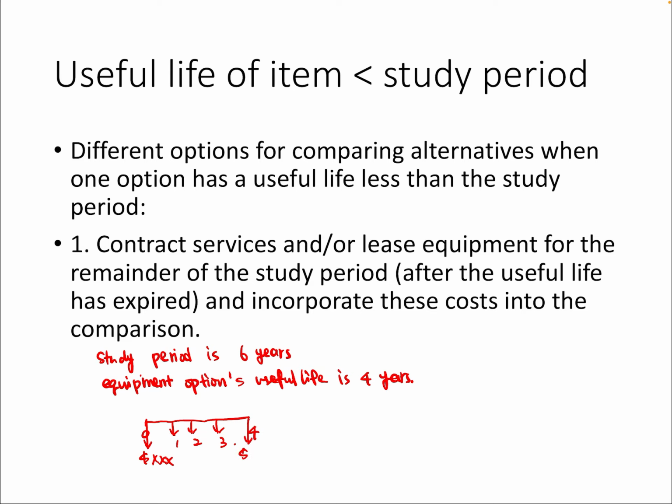So for leasing, you need to pay another amount, and then you can use it for another 2 years. And if it's a leasing, then you don't have to pay for the maintenance. The company will pay that, right? So you don't have any cash flow, but you just want to add this leasing fee on the cash flow diagram. And then you can compare this with another 6 year useful life option.